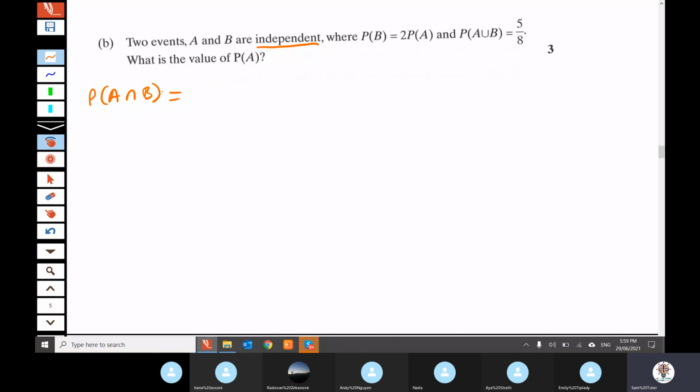Let me check the booklet one sec. Yeah, check. Mutually exclusive.